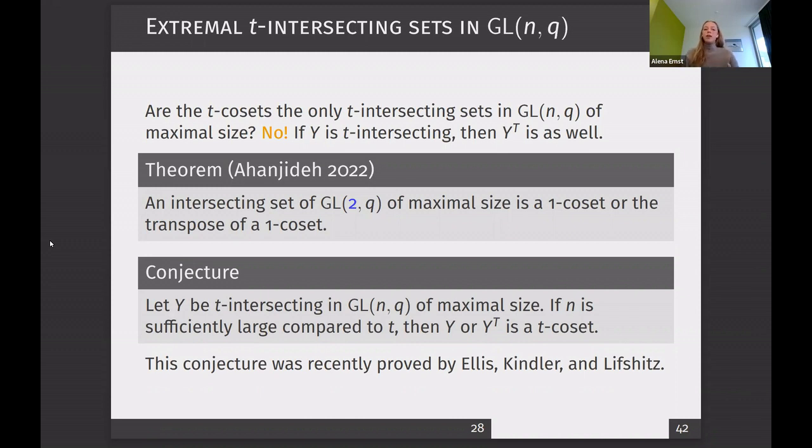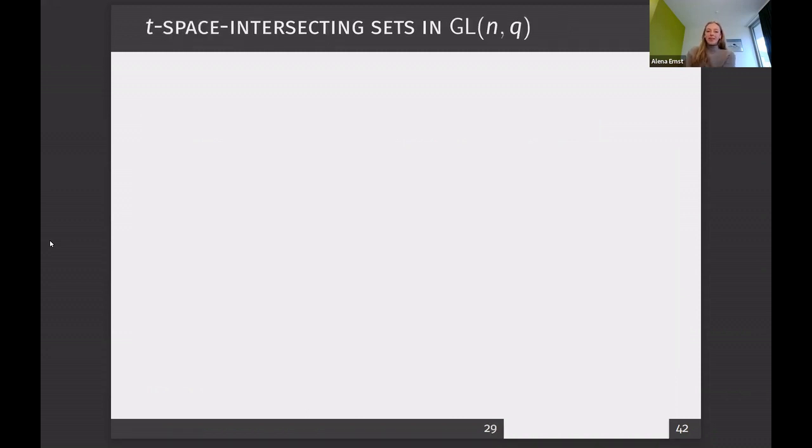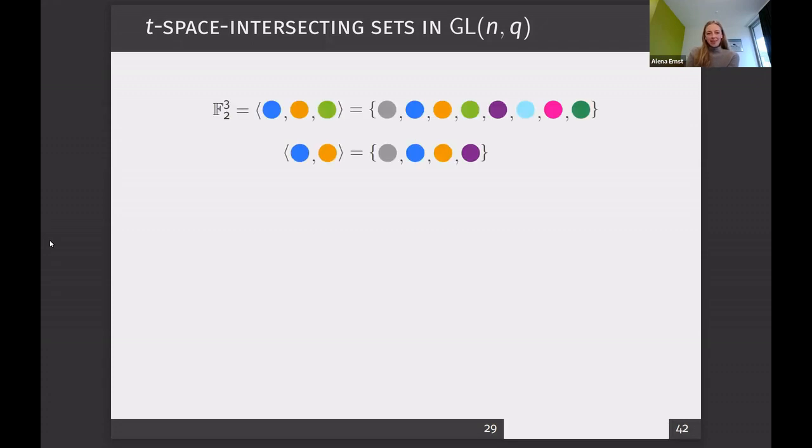But so far we have taken a look at the pointwise intersecting case for the finite general group. But we could loosen this condition a little bit more, which leads us to the t-space intersecting sets. Okay, what is a t-space intersecting set? Again, an example. Here I would like to indicate the two-dimensional subspace, which is spanned by blue and orange, by the 4 colors that you see on the right-hand side.